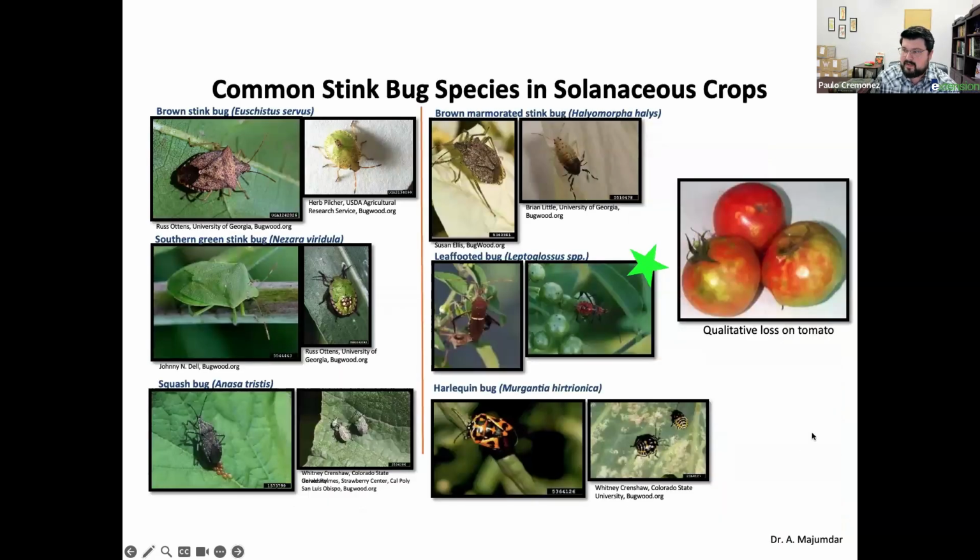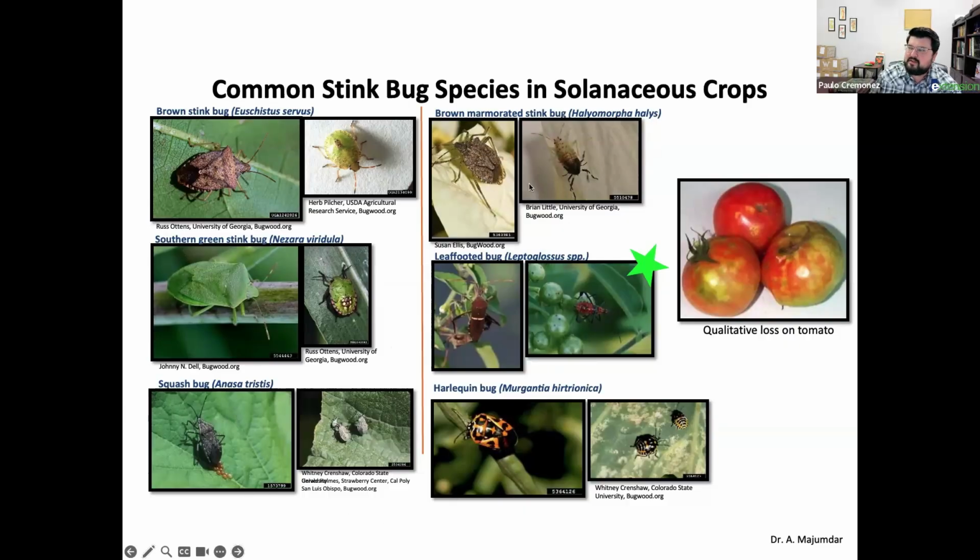Stink bugs, basically we have very different species of stink bugs and true bugs happening in Alabama. These are some of the materials here from Dr. Majumder as well. The brown stink bug is very present, southern green stink bug. Squash bugs can be more problematic for cucurbits.